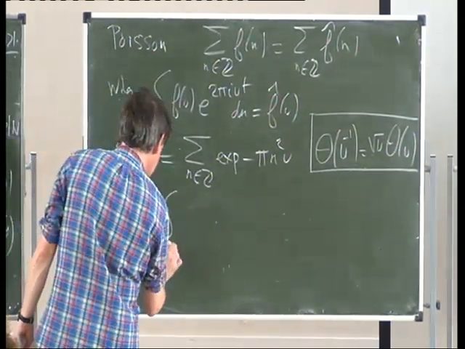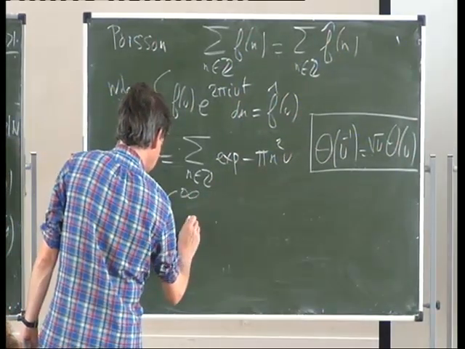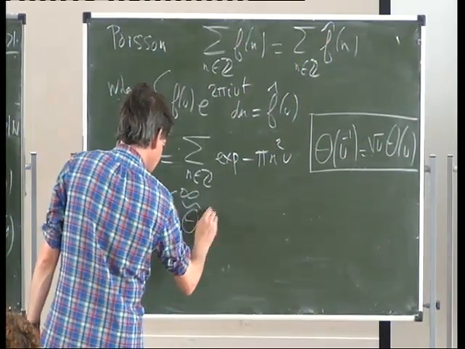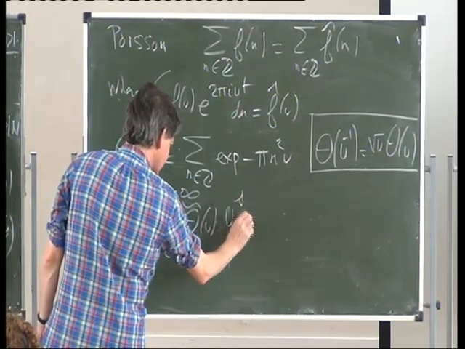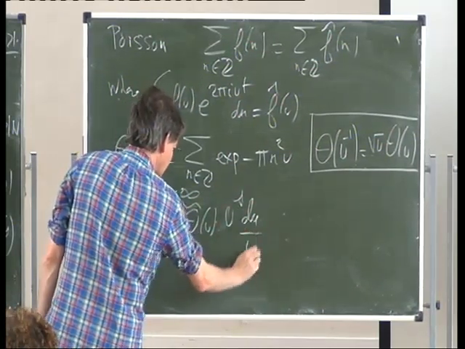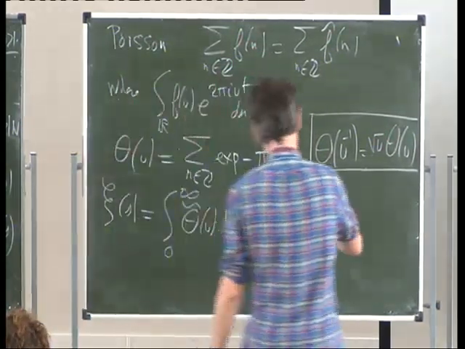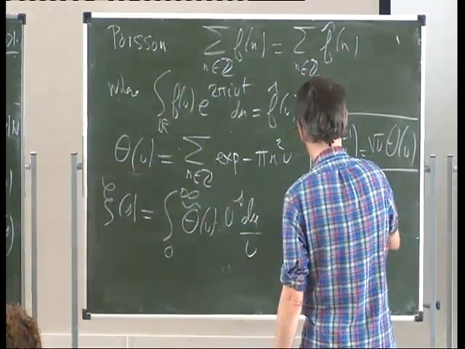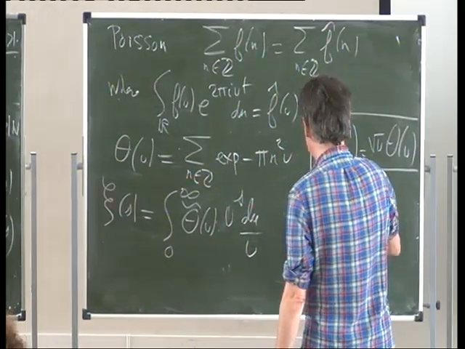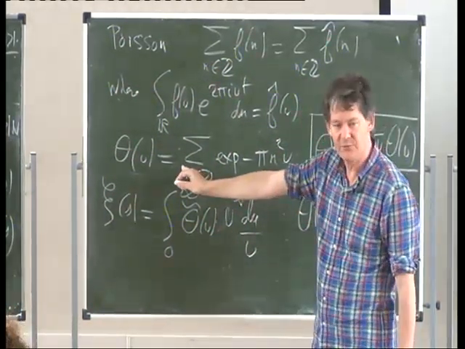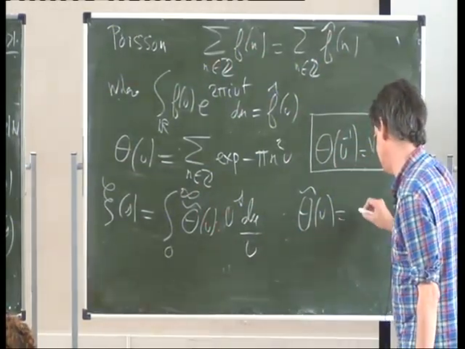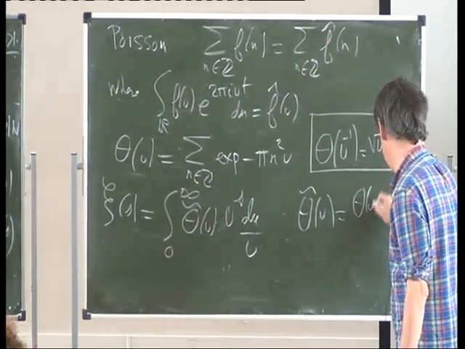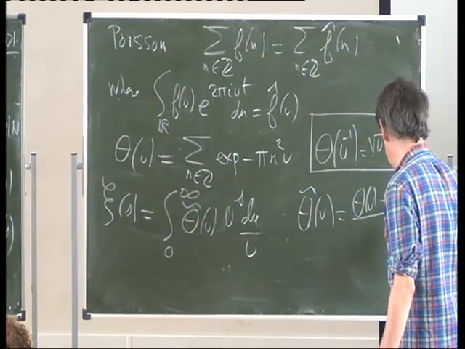You get actually an integral that is not theta, but theta tilde, which is just, well, what comes in is just the sum, but only for positive n. So theta tilde is just (theta(u) - 1)/2.